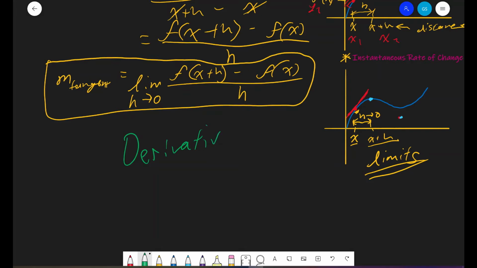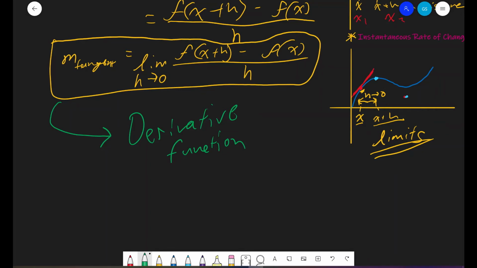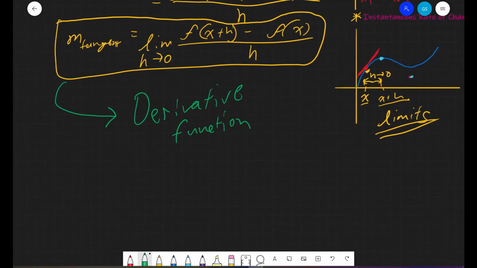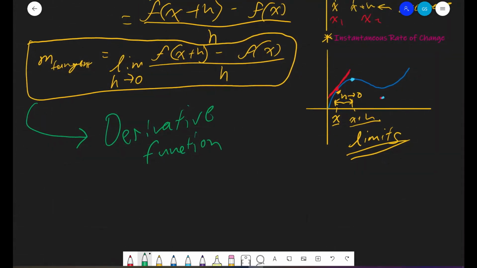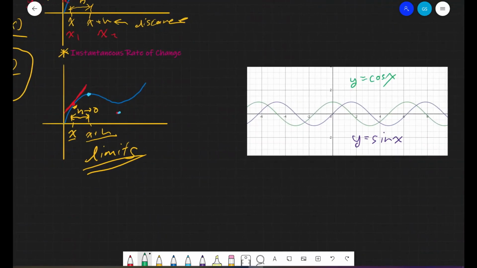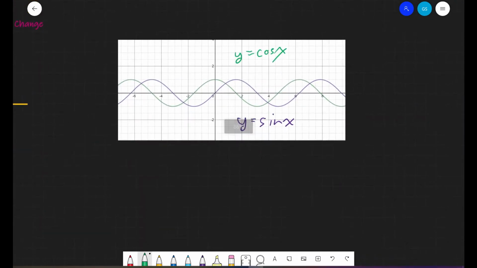So using this will get you the derivative function. Now you may be asking, all right, you've confused me even more. And actually, I hope not. What does this mean? Let me show you this example actually. Just keep in mind in the back of your head the idea of a derivative function.